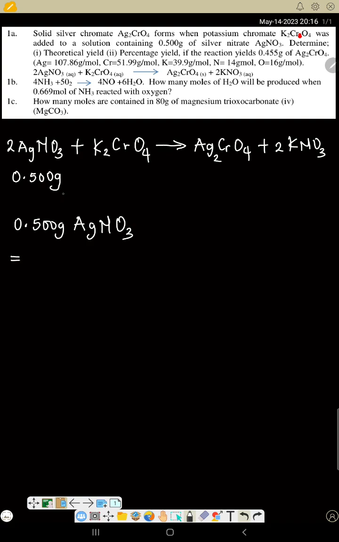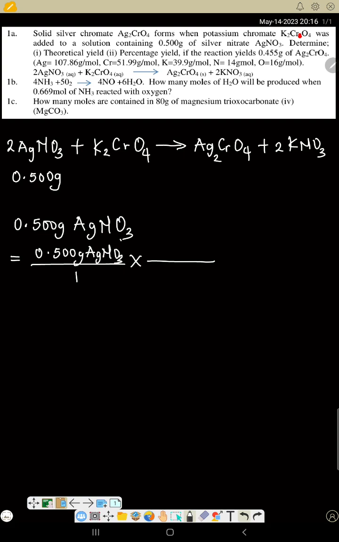I want to change 0.500 gram of silver nitrate to a certain gram of silver chromate. So start with what you have. This will be 0.500 gram of silver nitrate divided by 1 times.